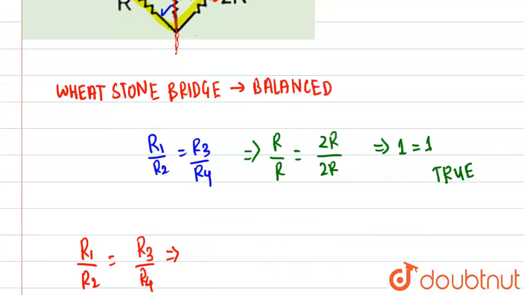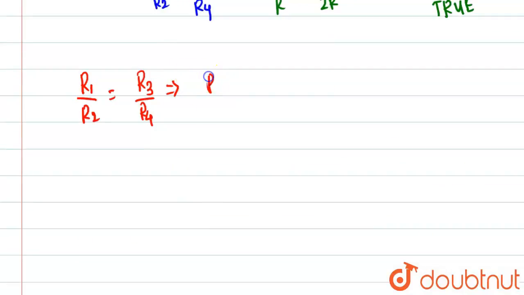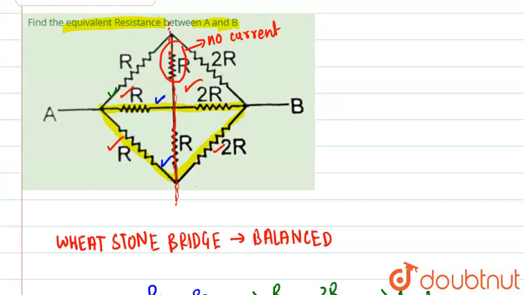Now we'll write R by R must be equal to 2R by 2R. That means we clearly get 1 equal to 1, which is absolutely true. So from this part of the circuit also, this resistance also, no current will flow.